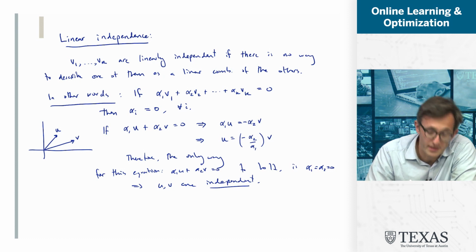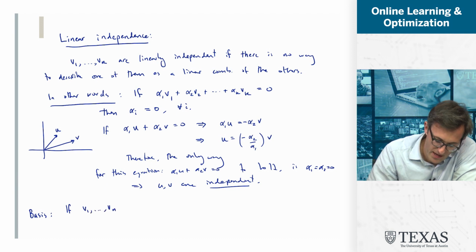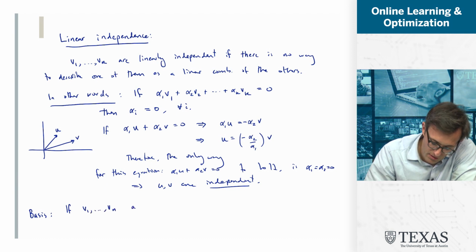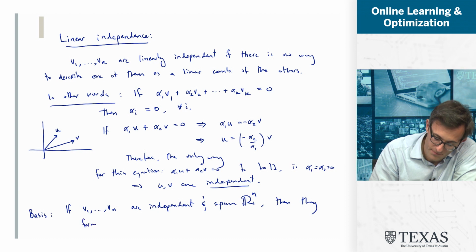And finally, we need to define the concept of basis. If vectors v1 to vn are independent and they span Rn, then they form a basis for Rn.